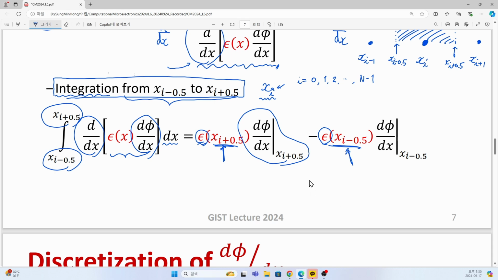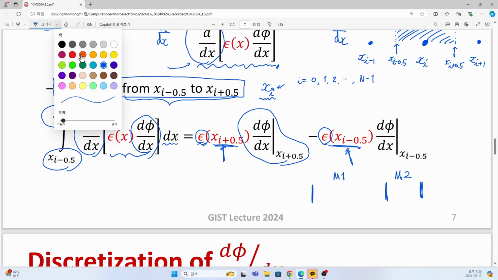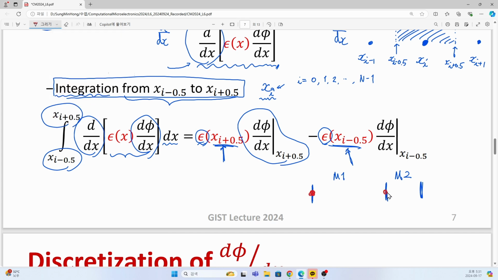Yes, we can. For example, let's just think about this domain. Let's say here and here we have material 1 and material 2, and let's introduce a certain point here. Of course, we will have a point here and here and here. The important one is that at the material boundary, we also have a point.